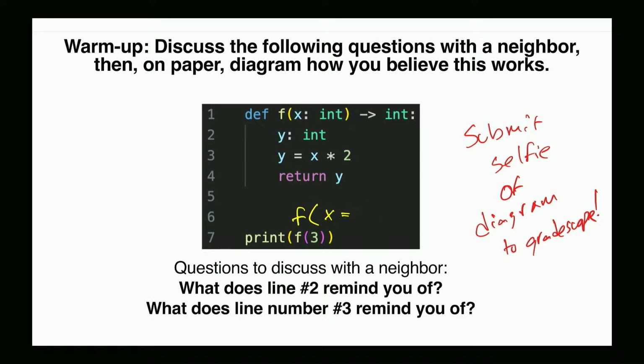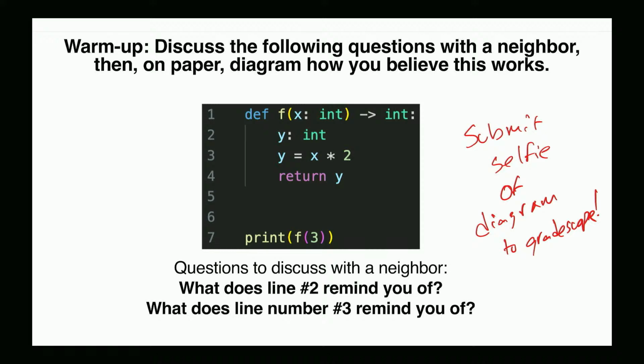But we could have made this, if we wanted to, x is 2 times 2, and had an expression here. We'll notice that there is a correspondence between how we were learning about keyword arguments and what we're going to see is called variable assignment. All right? So great work on that.